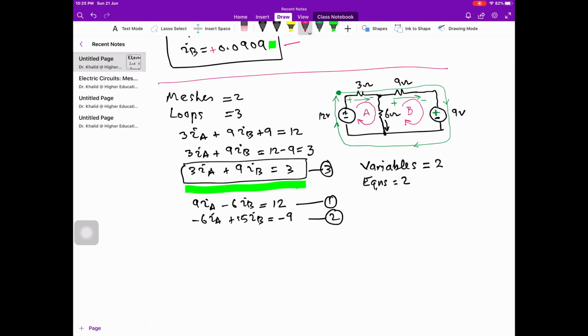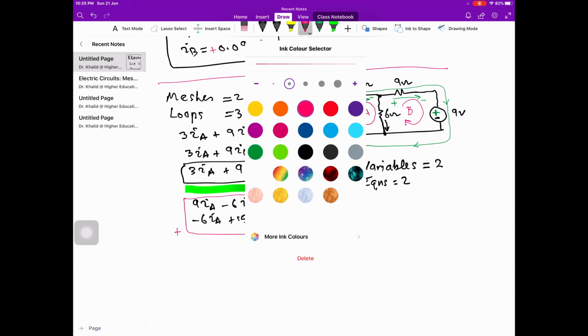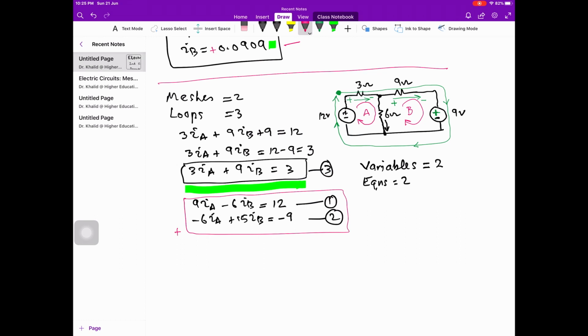Now interestingly, if we add these two equations, what do we get? We get 9IA minus 6IA, which is 3IA, and 9IB, and this is equal to 3. This is an interesting result.